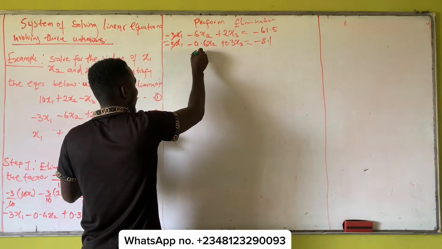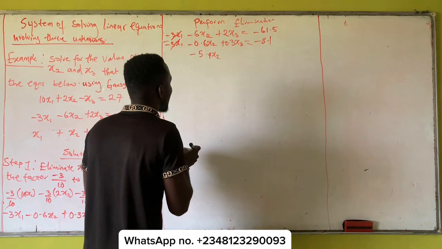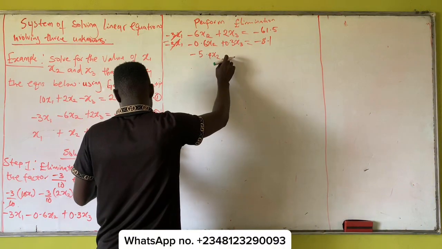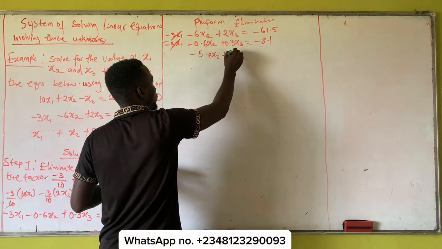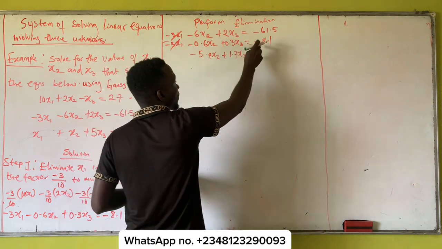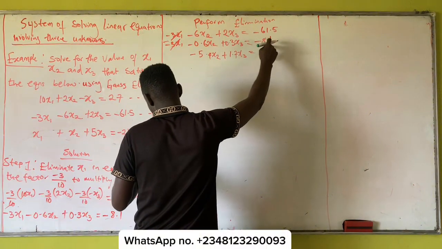Punch your calculator, you are going to have minus 5.4x2. Next, 2x3 minus 0.3x3 gives us plus 1.7x3, equal to minus 61.5 plus 8.1.